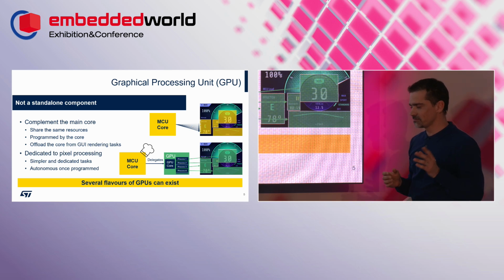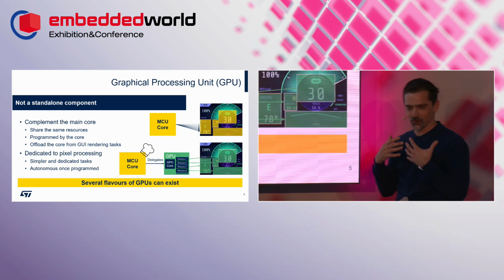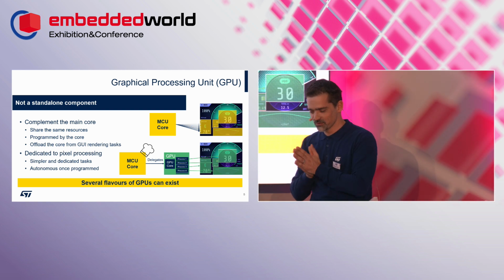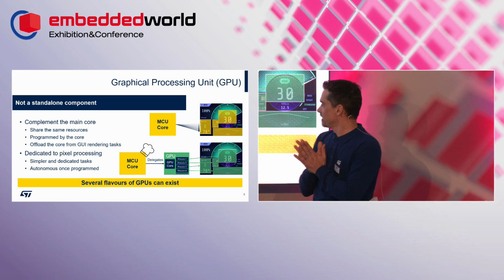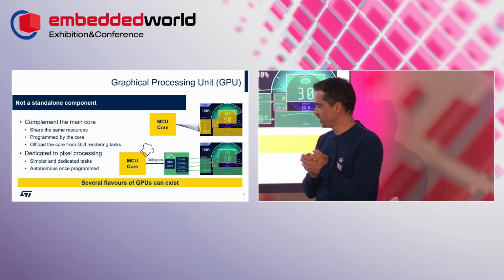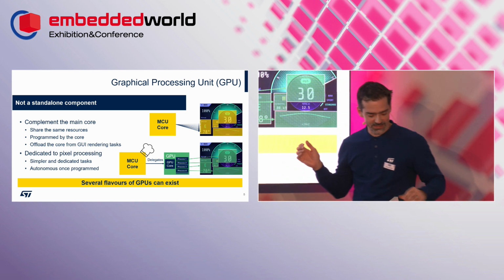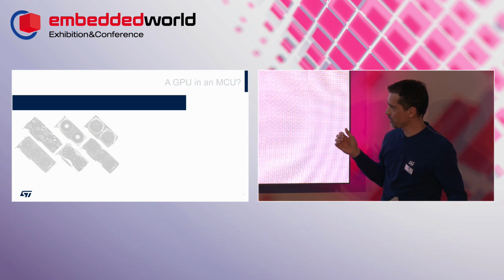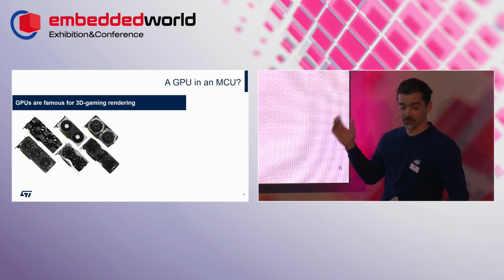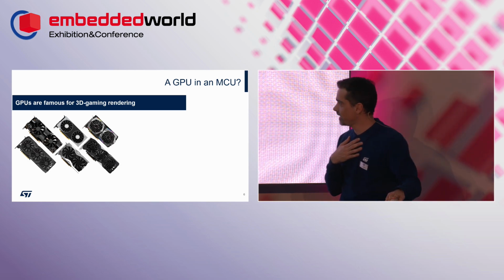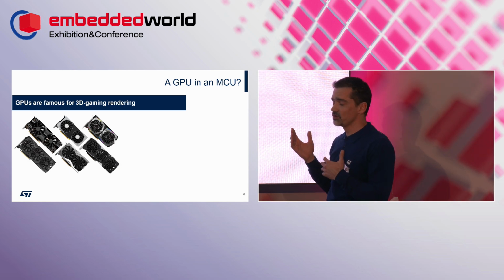But when we talk about GPUs, I was afraid when I heard there are some GPUs in an MCU. Are you sure? There are several flavors of GPUs that can exist. Because when we talk about GPUs, usually, at least I did, they are famous for 3D gaming.